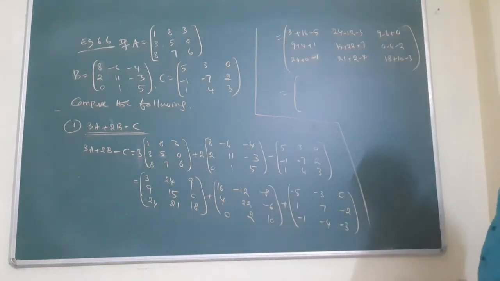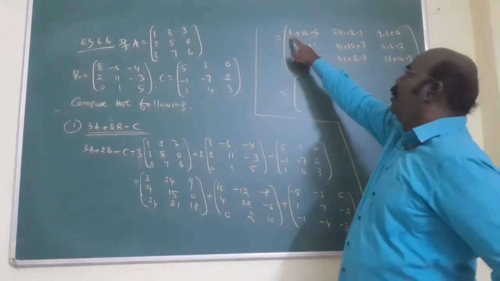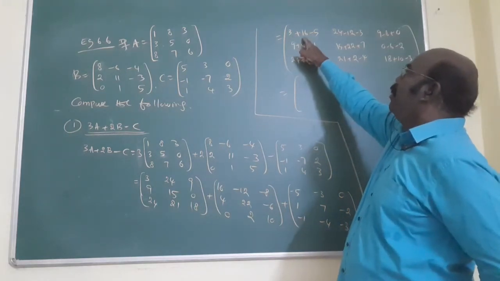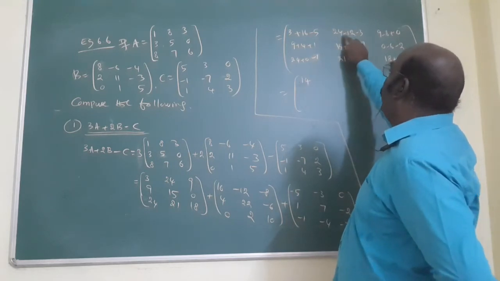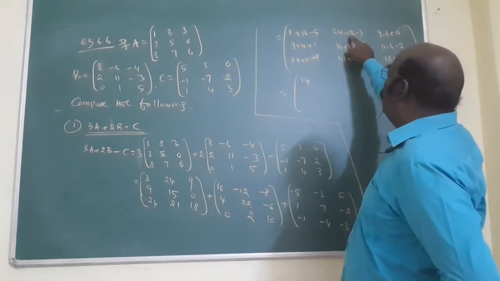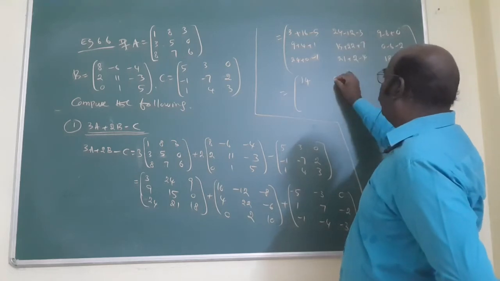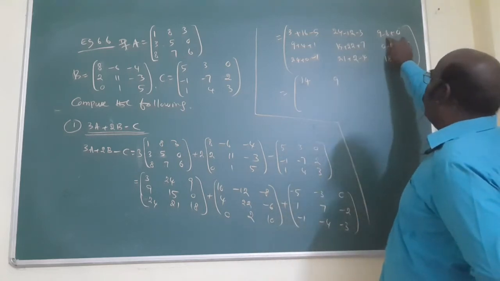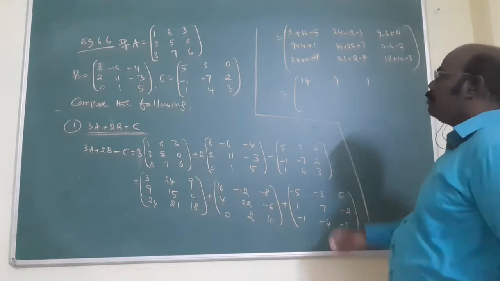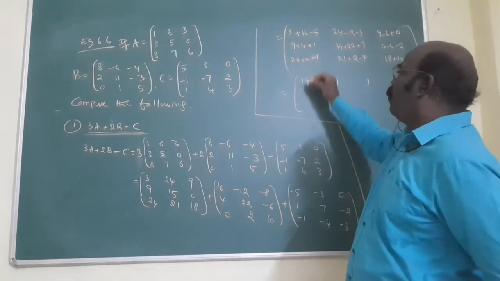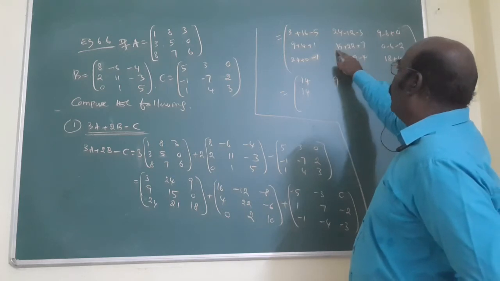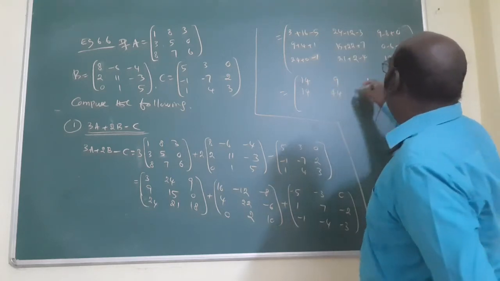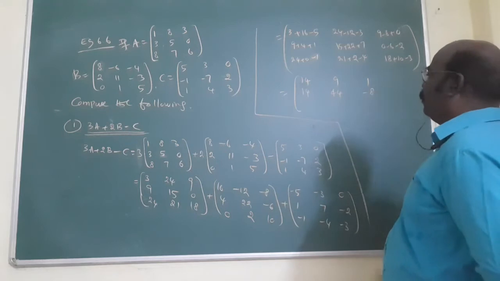Now, add the corresponding elements. 19 minus 5, that is 14. Here, 24 minus 12, 12. 12 minus 3, 9. Here, 9 minus 8, 1. Here, 10 plus 4, 14. Here, 29 plus 15, 44. Here, minus 8.